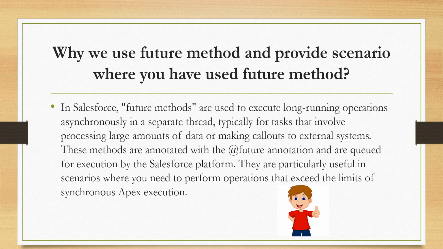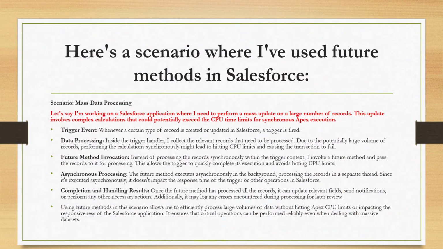These methods are annotated with the @future annotation and are queued for execution by the Salesforce platform. They are particularly used in scenarios where you need to perform operations that exceed the limits of synchronous Apex transactions. Here is a scenario where I have used future methods in Salesforce.